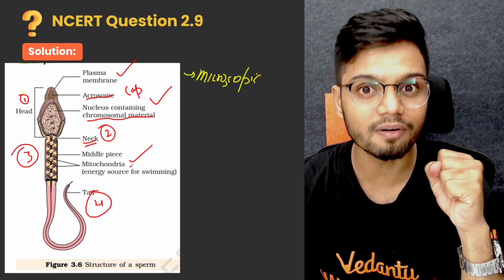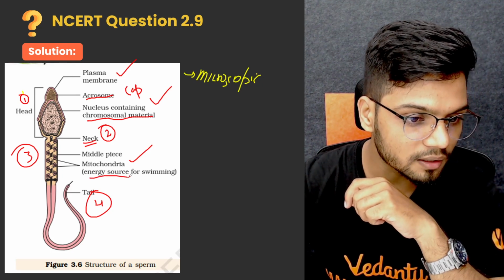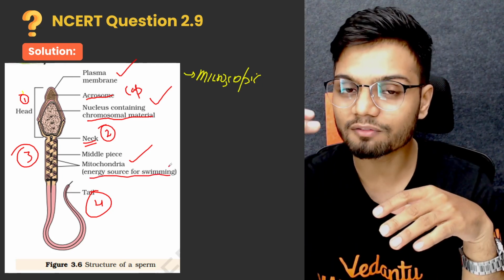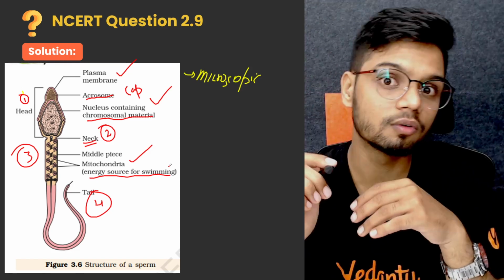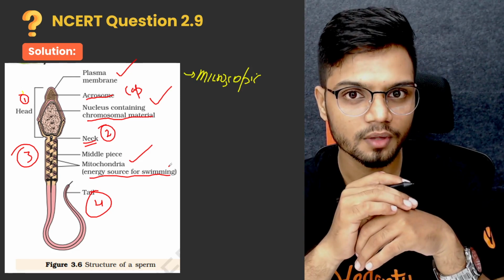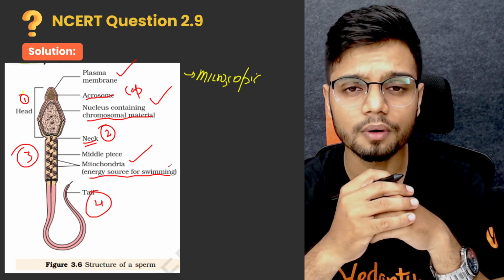It provides energy, the energy source for swimming. Why swimming? Because once the sperms are released into the vaginal tract, they need to move. So energy is given by your middle piece.